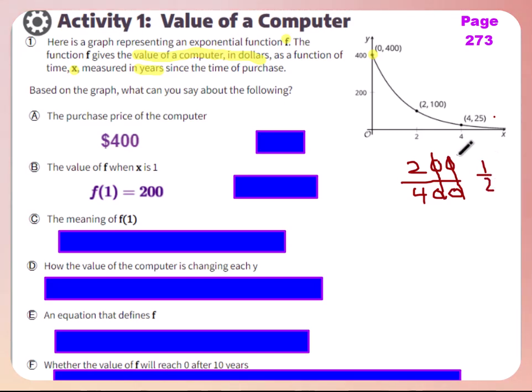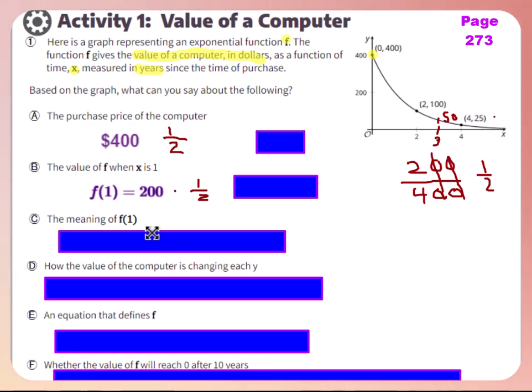So our decay, we're decaying by 1/2. We're going to be multiplying 400 times 1/2 to get to 200, and then 200 times 1/2 to get to 100, and then 100 times 1/2 to get to 50. That's where this 3 is going to be. And then half of 50 is 25, and so forth.